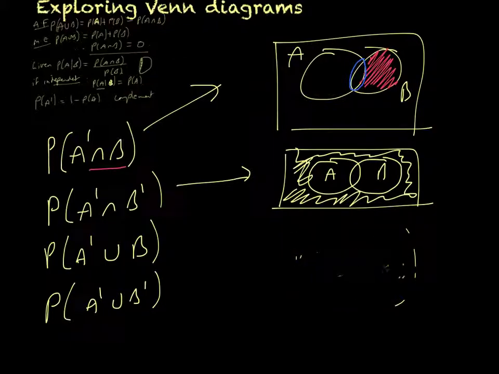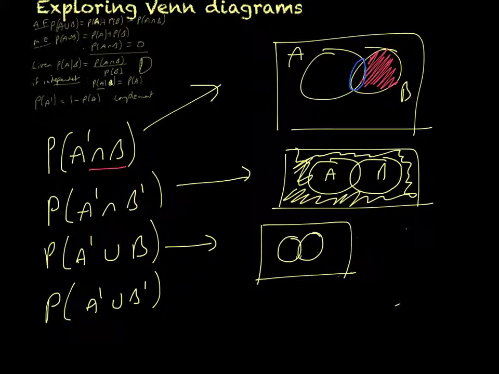Similarly, let's go for this one then. So this one is not A or B. So there's A and there's B. So let's think about this again. So not A is everything outside the A circle, sorry, or we want B to happen.